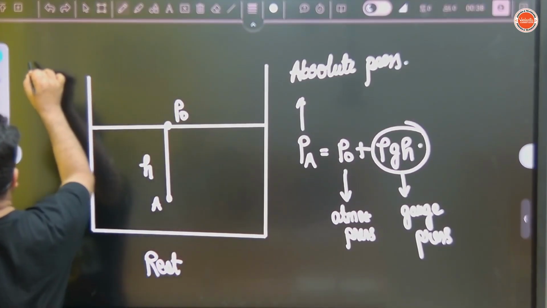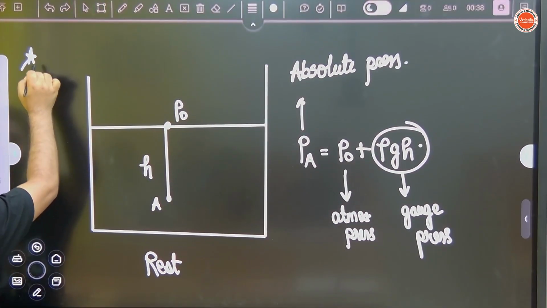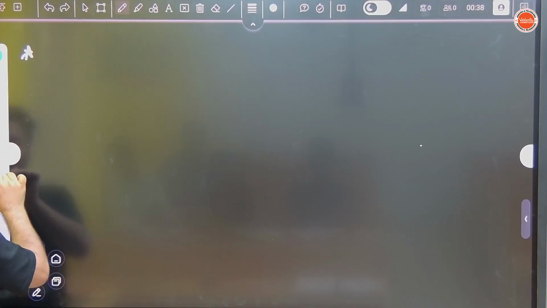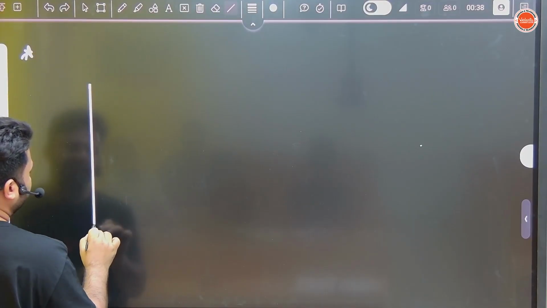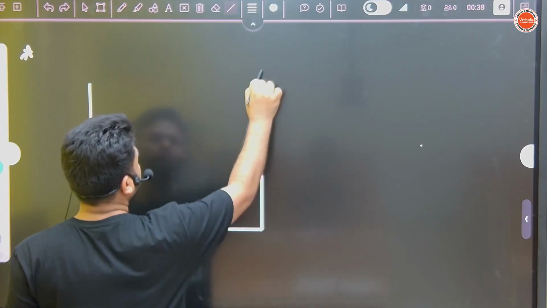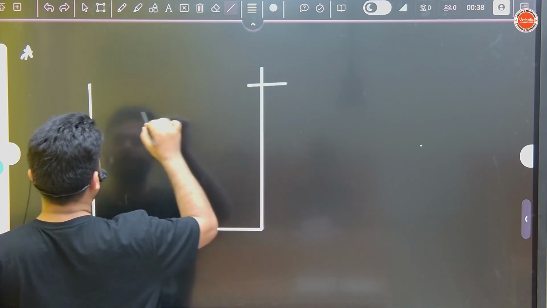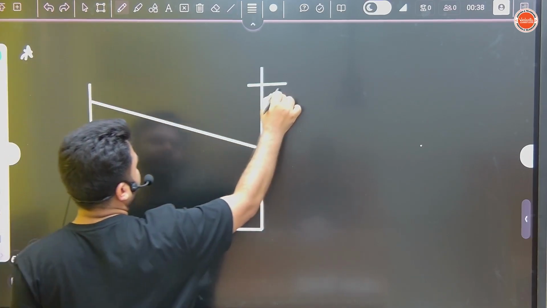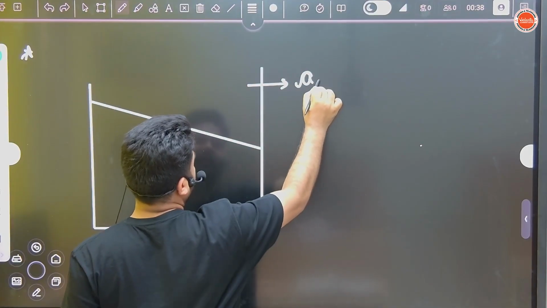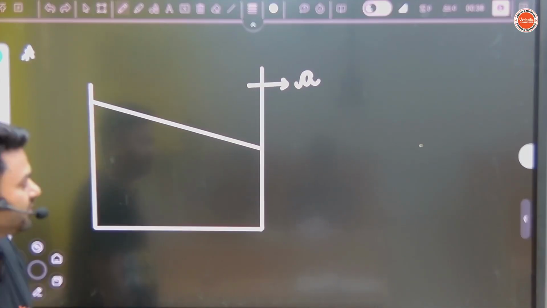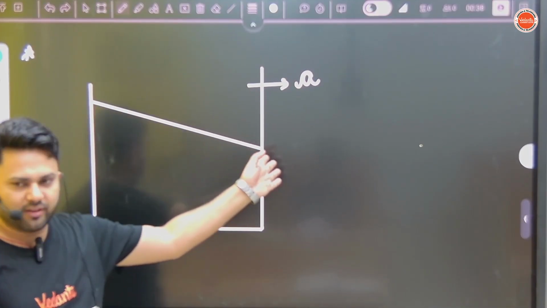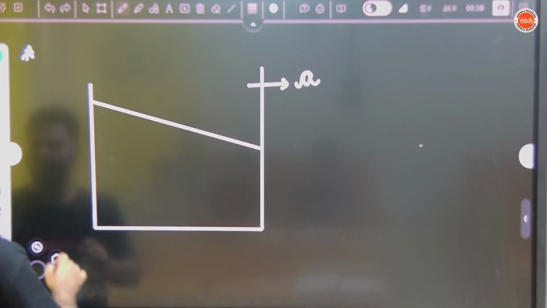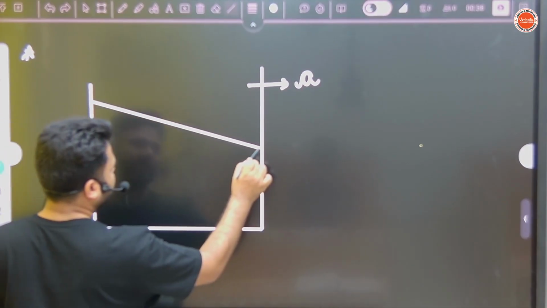Acha, one more thing. If the container is accelerating in this direction, I told you the shape of the liquid will be like this. You can try this kind of experiment. If the acceleration of the container is in this direction, the shape of the fluid will become like this. What they ask, what is this angle?